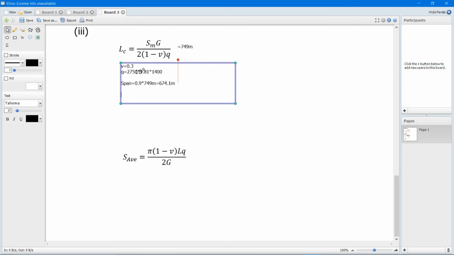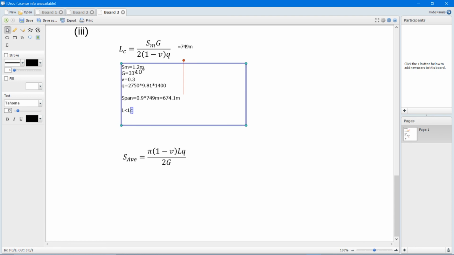Because our span, L, is actually less than our critical span, Lc.